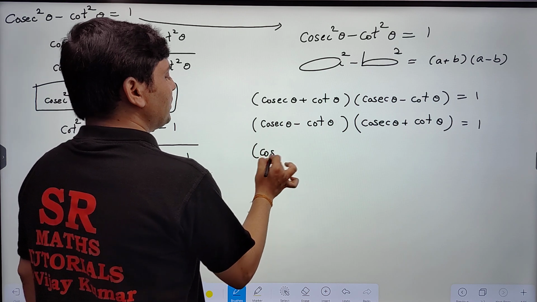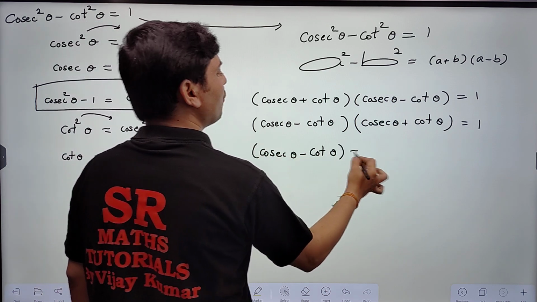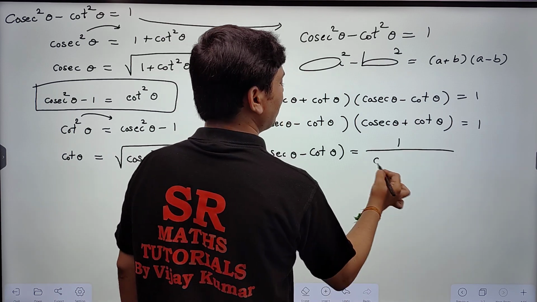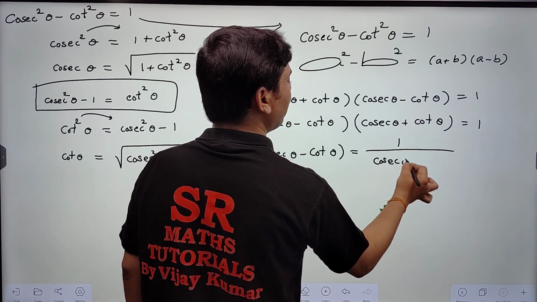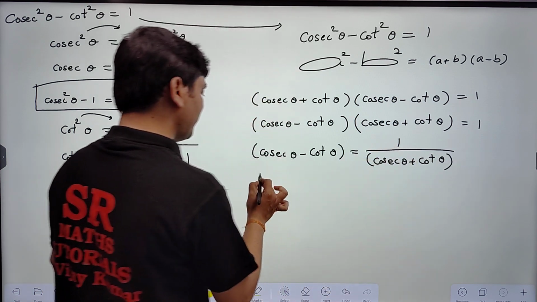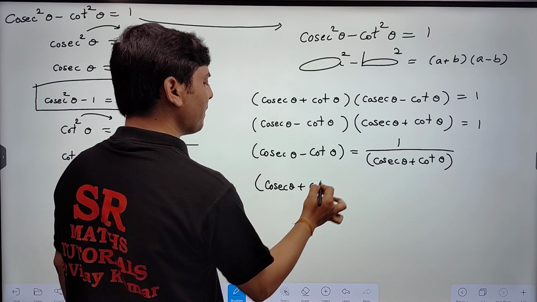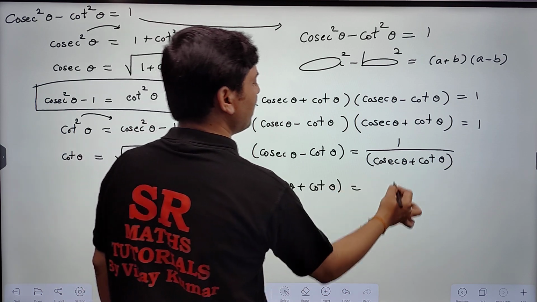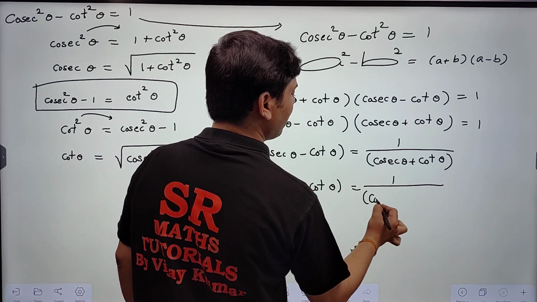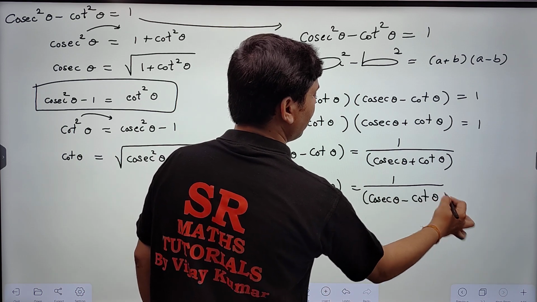One more formula, students. Cosecant theta minus cot theta is equal to how much? 1 by cosecant theta plus cot theta. And cosecant theta plus cot theta is 1 by cosecant theta minus cot theta.